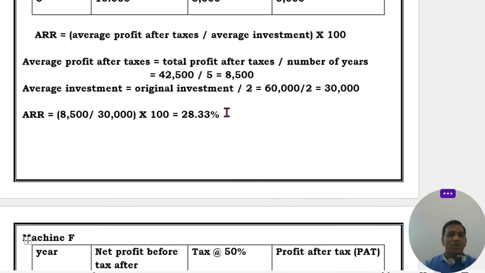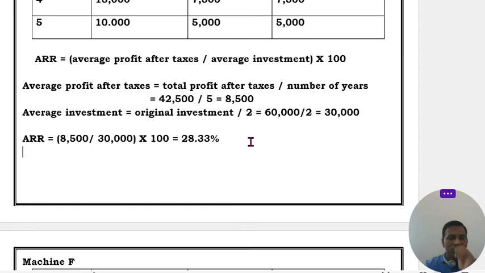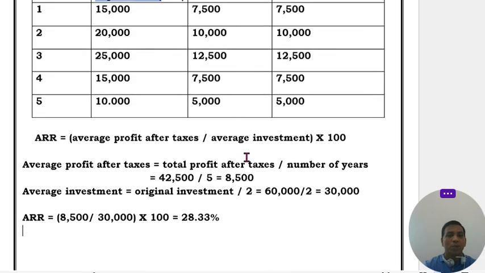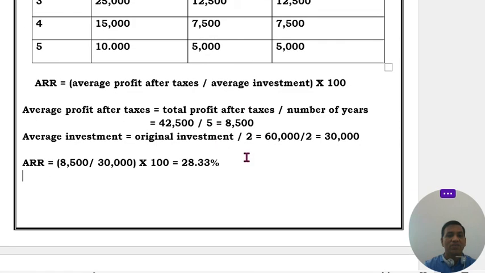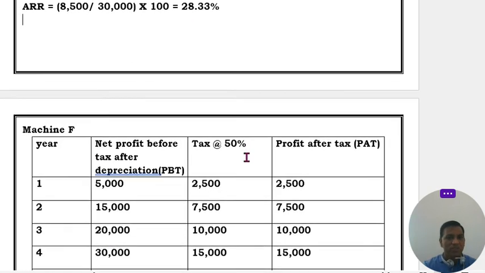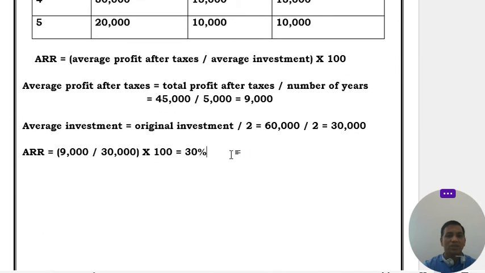ARR of mission E is 28.33%. When there are two projects, you have to compare both of them, and the project which is giving the maximum ARR should be accepted. Mission E is giving 28.33%, mission F is giving 30%. So it is a little more.